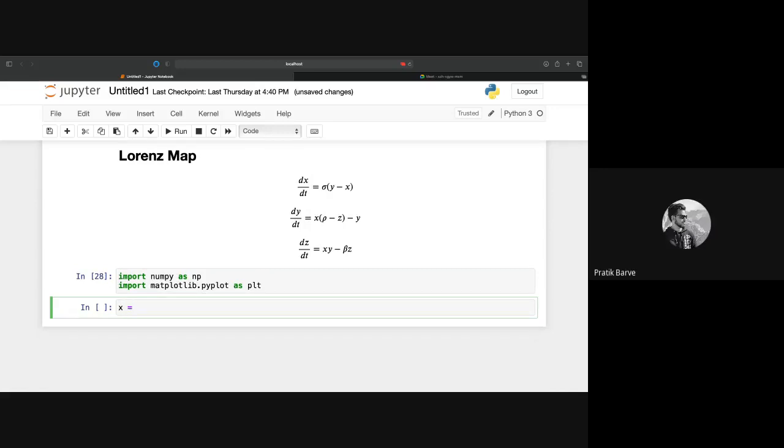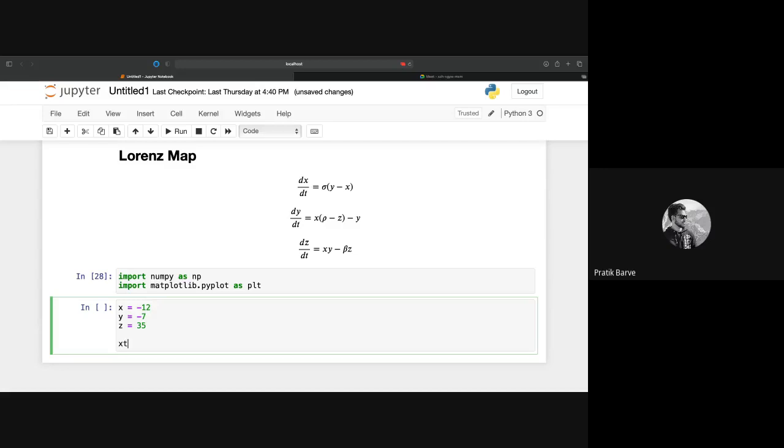So let's take some initial values of x. Now I have taken these values by trial and error and by looking at the Wikipedia pages, and whichever diagram appears fancy, I've chosen values accordingly. You can change these values and see what happens and how the pattern changes. So we will create two empty lists to store our x values and y values.